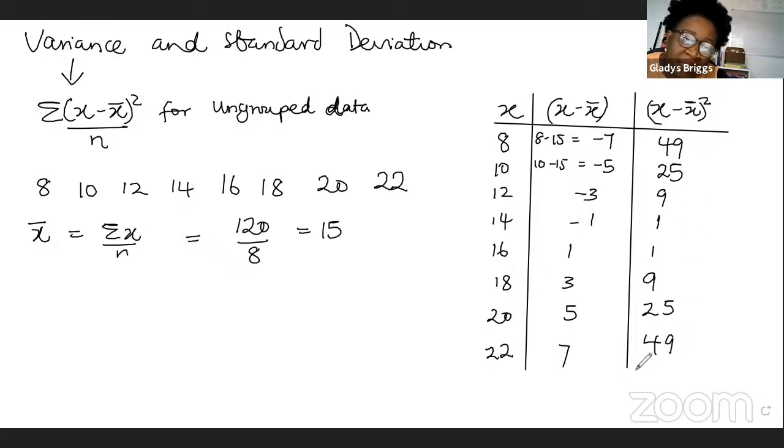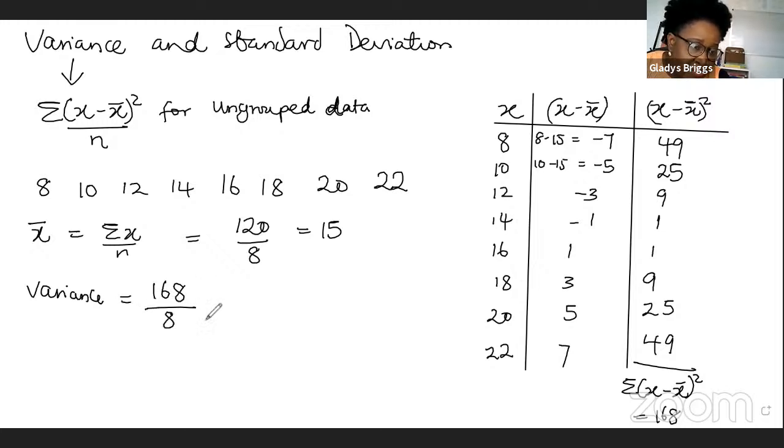Once you finish doing them, you have to take the sigma because that's what you're after. Sigma (x minus x bar) squared is equal to, if you add them all up, 168. Okay, so now you need to put that into your formula. Variance is equal to 168 divided by 8, which is equal to 21. Now, the standard deviation is the square root of the variance.